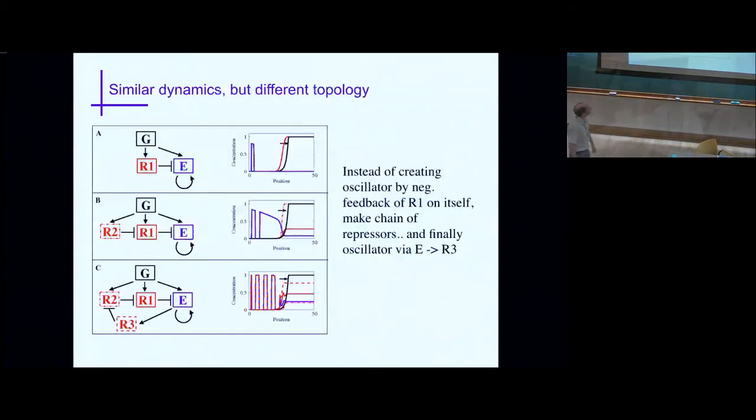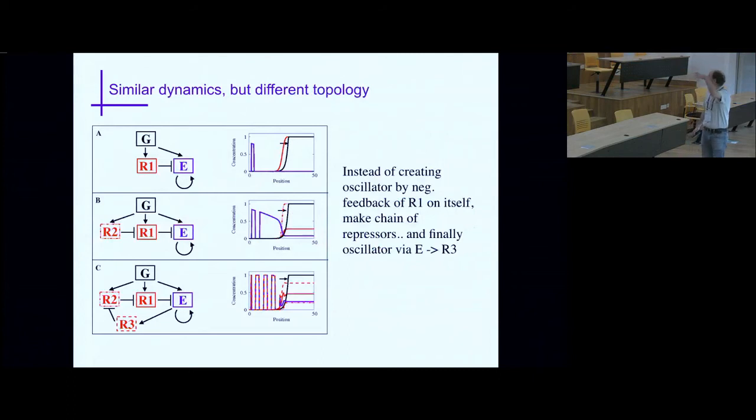Okay. So when you do these evolutionary games, you have all the things happening that can happen. So for instance, this is another alternative pathway. This is the second step in what I showed you, the module that is making one stripe: feed forward plus bistable equals stripe. In this specific evolutionary simulation, instead of making an oscillator with a self-repression with delay, the evolutionary algorithm added another repressor upstream of the first repressor.